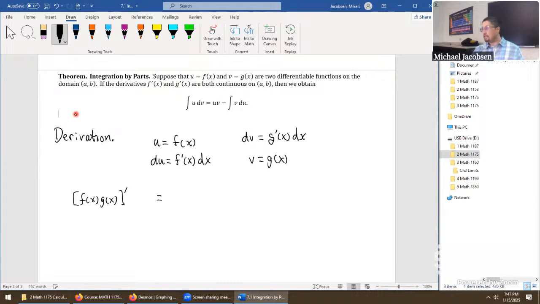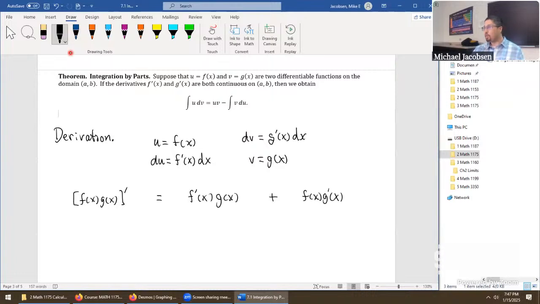The result is going to be f prime of x, a little bit of white space before your f prime, times g of x, then put a little bit of extra white space before the plus. We're going to fill in some extra symbols here. And then it's f of x, g prime of x. So here we have the ordinary product rule.